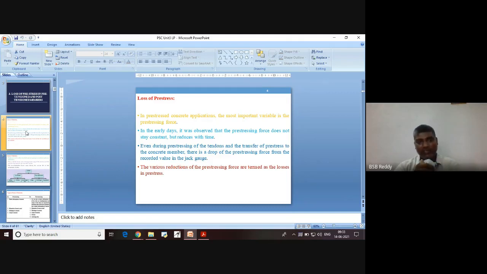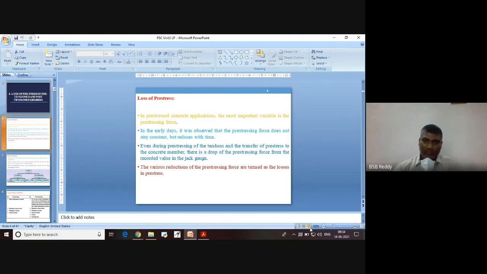You can divide the losses of pre-stress into categories based on two criteria. One is depending on the type of member, whether it is pre-tensioned or post-tensioned, and the other depending on the time, I mean, whether it is immediate or whether it is after a certain period of time. Okay, so that is about the categorization of losses.